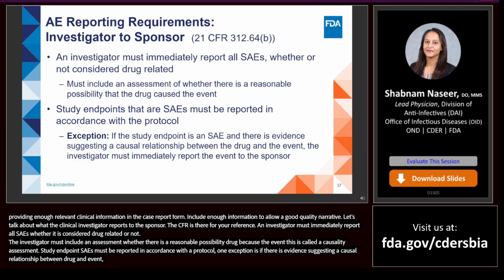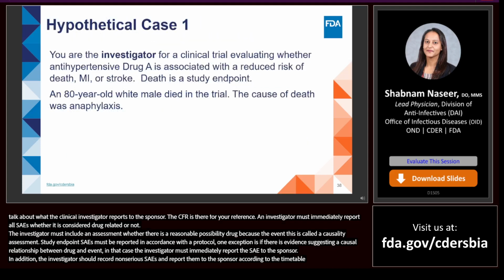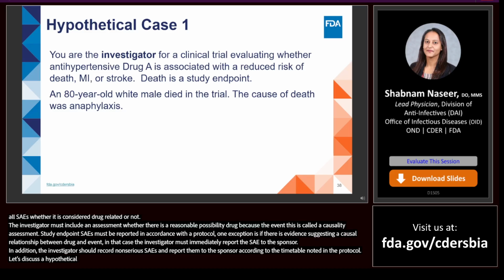In addition, the investigators should also record non-serious AEs and report them to the sponsor according to the timetable that's noted in the protocol. So let's discuss a hypothetical case. I think that this might illustrate some of the points mentioned on the last couple of slides. This is case 1.